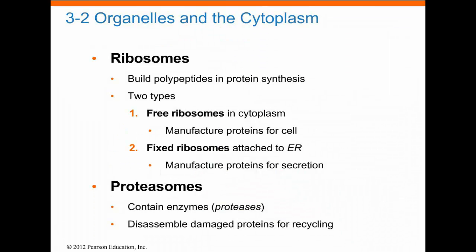So ribosomes, there are 2 types of ribosomes, and these are polypeptides and are involved in protein synthesis. You've got free ribosomes, which float around inside the cytoplasm, and you've got fixed ribosomes, and they're attached to ER, which is called endoplasmic reticulum, which we're going to talk about in the next slide, and they manufacture proteins that are secreted outside of the cell.